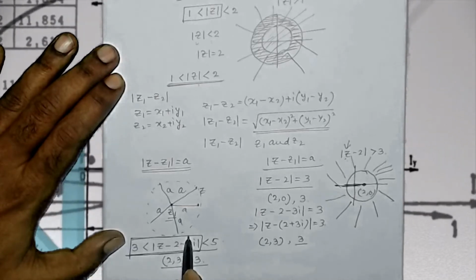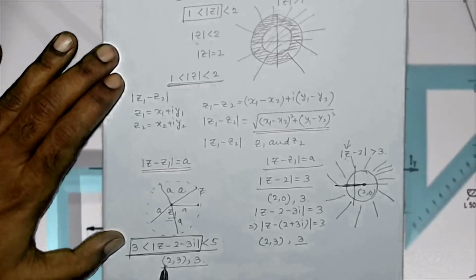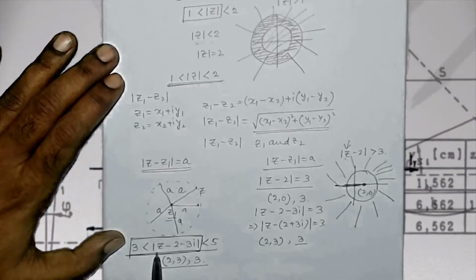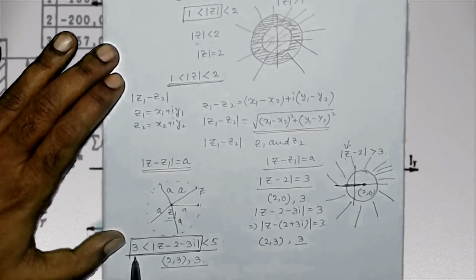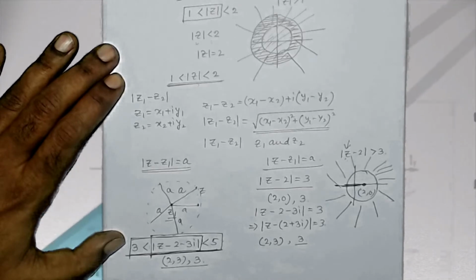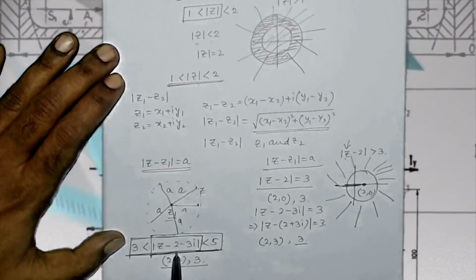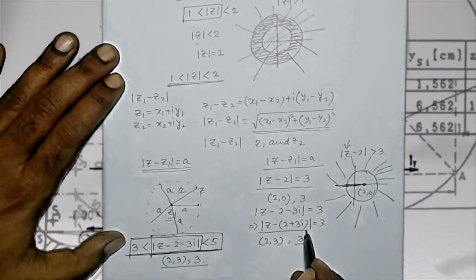From this part, you can say that the complex number z is lying somewhere outside the circle whose center is at 2, 3 and radius is 3 units. From this one, we can say that z is lying somewhere inside the circle whose center is 2, 3. How is this 2, 3 coming? I have shown this calculation over here.